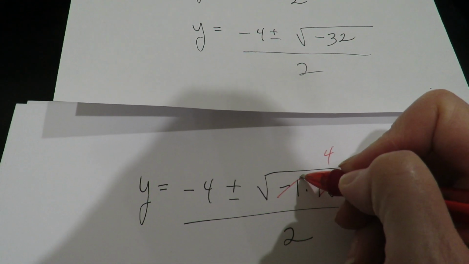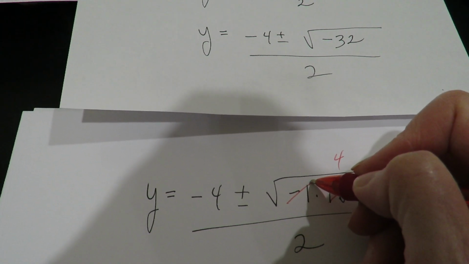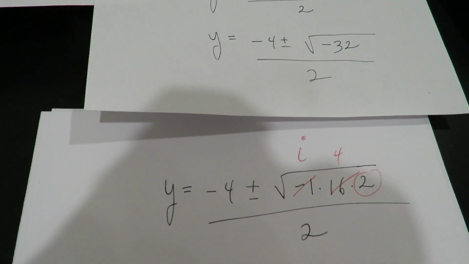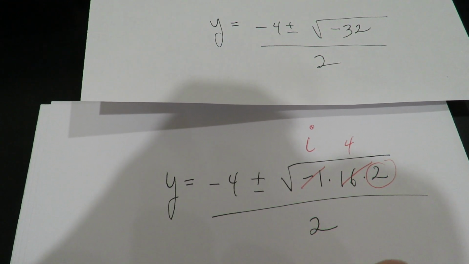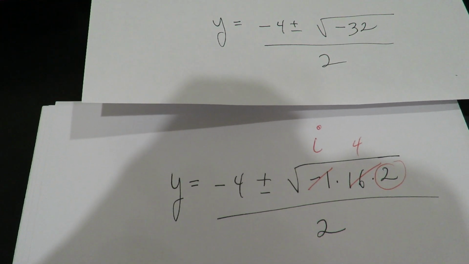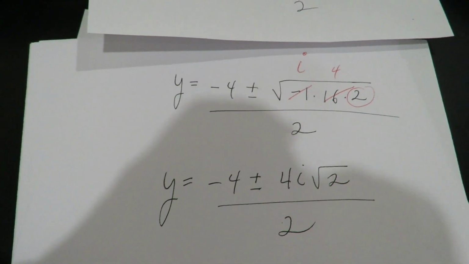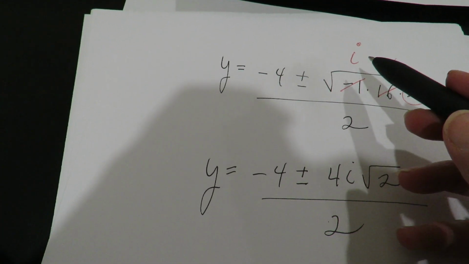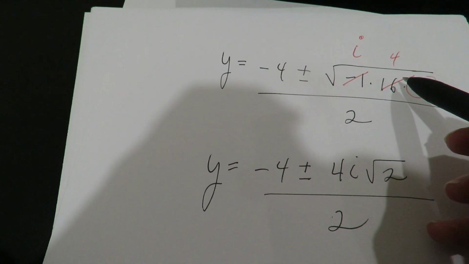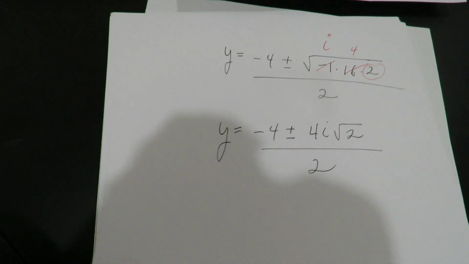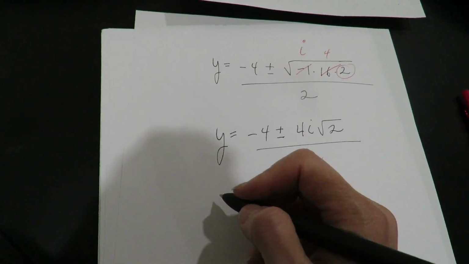The negative 1 under the radical comes out as an i, and this 2 is left under. Let me just say that again. The negative 1 comes out as an i, the square root of 16 is 4, and the 2 stays under. So this is how I rewrite it.